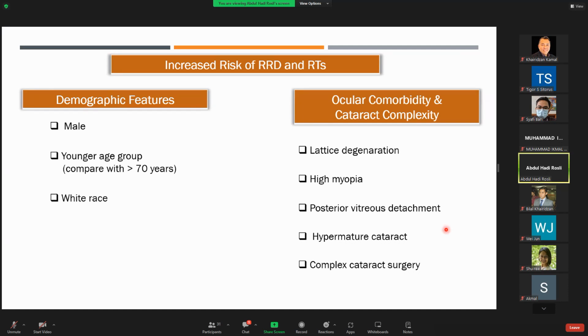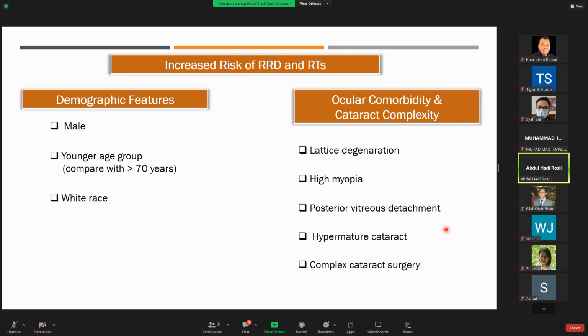All right. Other than that, this study also suggests further study on prophylactic treatment such as barricade laser for patients with lattice degeneration, in case it may alter the risk of developing RRD or tear after cataract surgery.